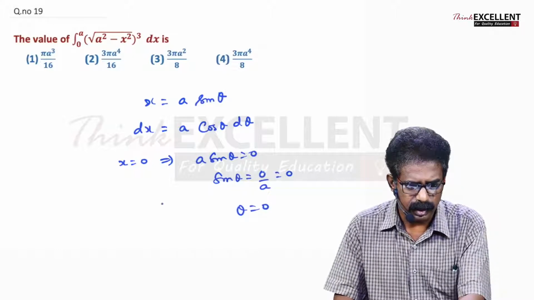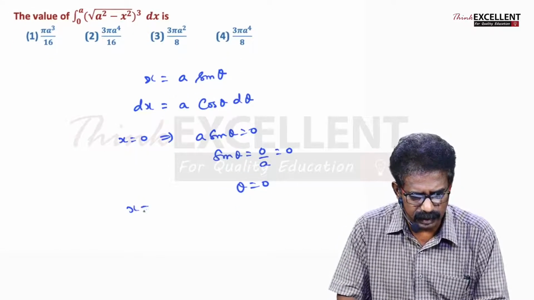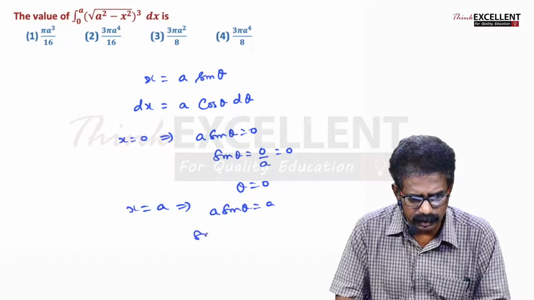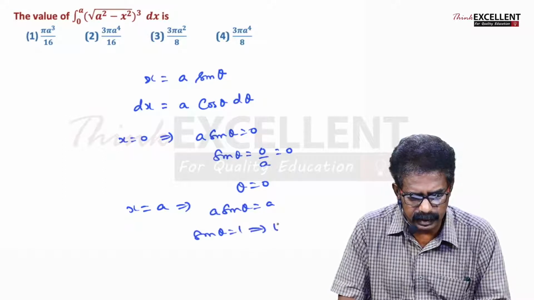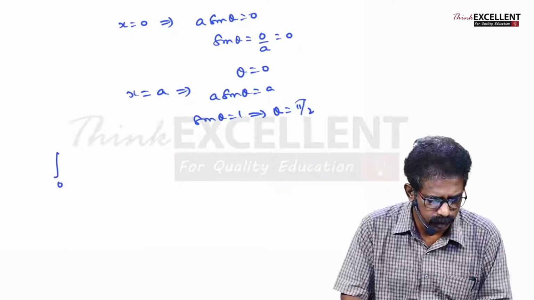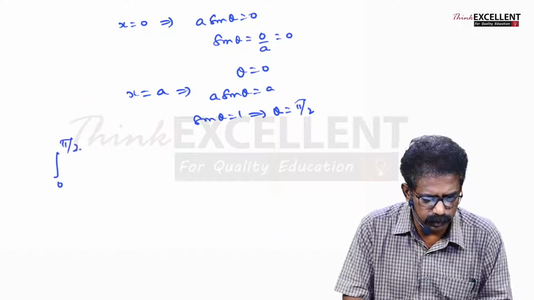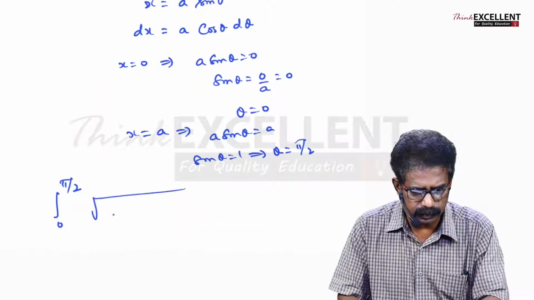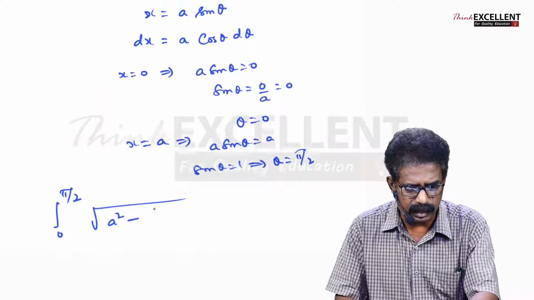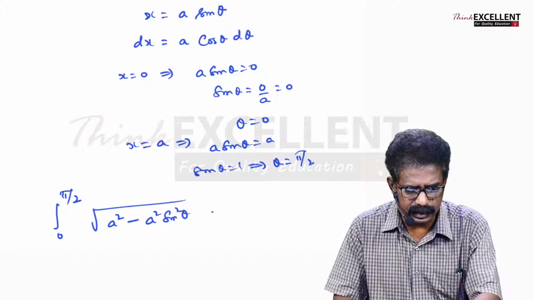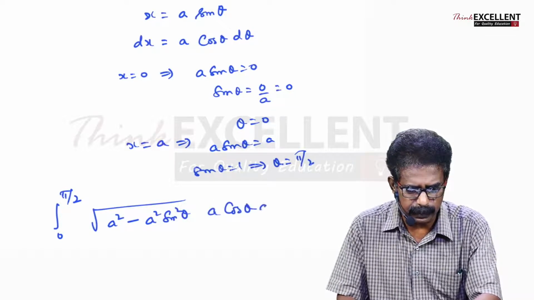Then when x equal to a, you are getting a sin theta is equal to a. Sin theta is 1. Sin theta 1 means theta is equal to pi by 2. So substitute. So 0 to pi by 2. What do you get here? Root of a square minus x square: a square sin square theta into dx, a cos theta d theta.